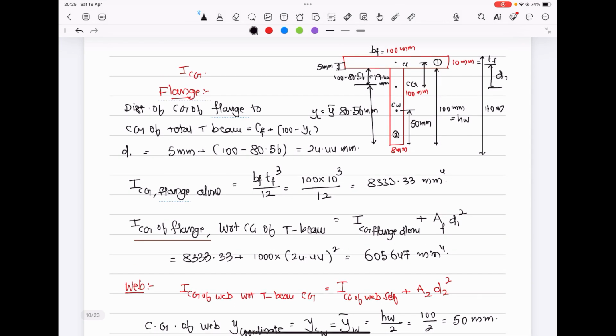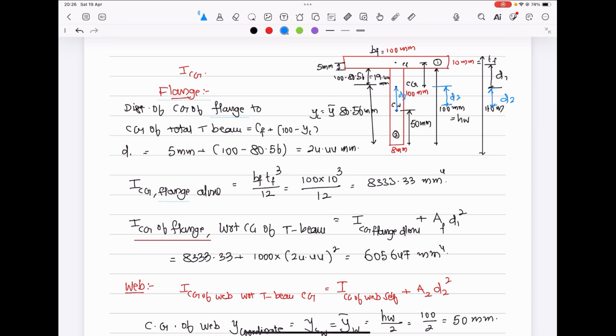Here I will show in blue line, this is D1 and this will be D2. Rather, I will call this as D2 from here to here.